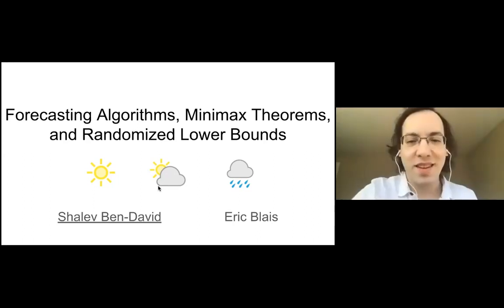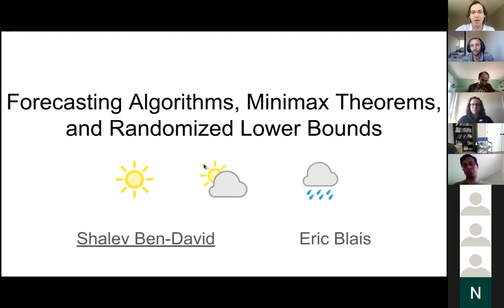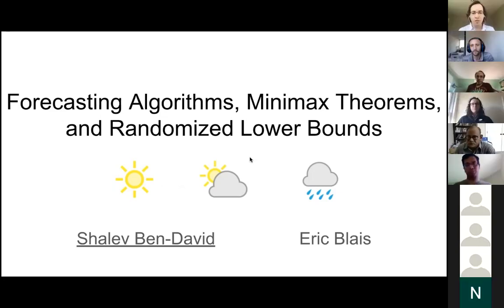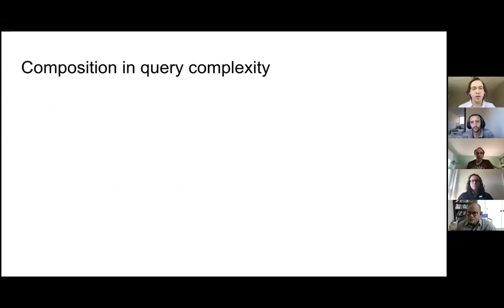Okay, thank you. All right, so I'll be talking about forecasting algorithms, minimax theorems, and randomized lower bounds. This is joint work with Eric Blake. This project started from the following question, called the composition question in query complexity.